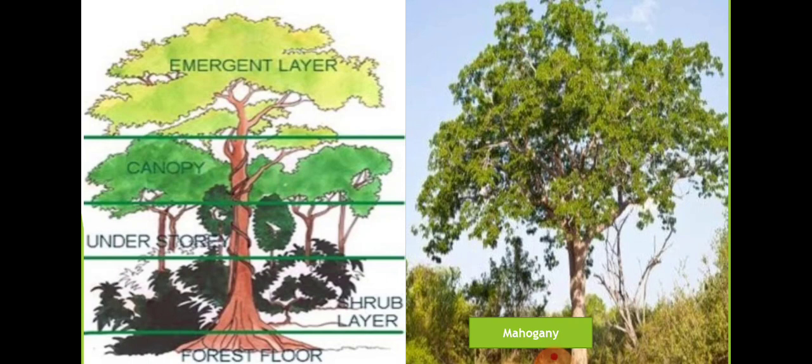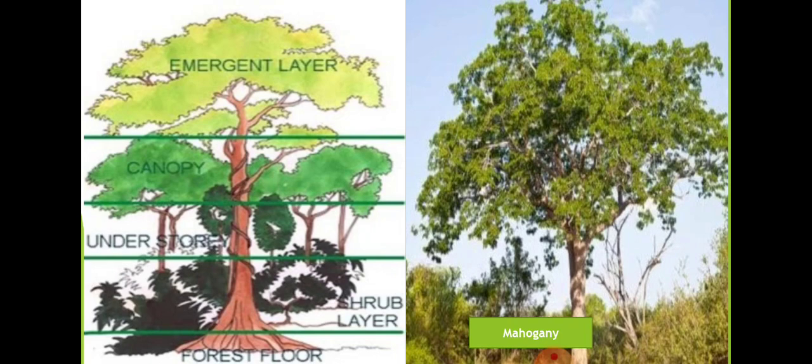Now there is a picture where you can see the layers of the tropical evergreen forest. Starting with the first, that is the emergent layer. Emergent layer means where the trees emerge above each other. Then the canopy is there. What is the canopy? It is so dense that it does not allow the sun rays to enter.